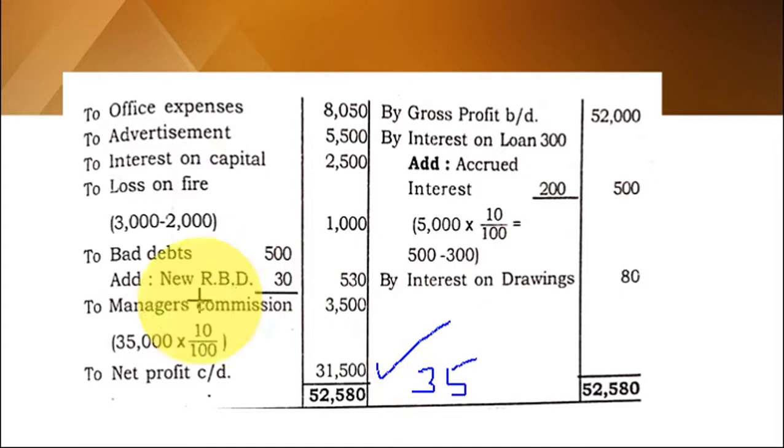But before giving the net profit, we have to charge the commission. So 35,000 into 10%, 3,500. This we have to give the manager, and the remaining amount we can show as net profit. So 35,000 minus 3,500, 31,500 is the net profit. Is it clear?